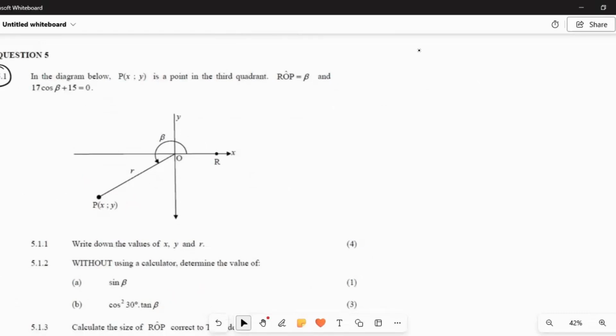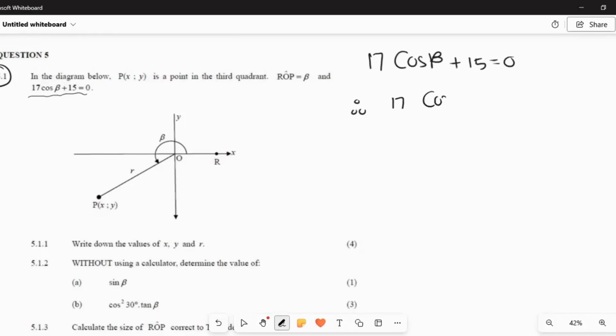ROP is beta, and our equation there is 17 cos beta plus 15 is equal to 0. So now we need to solve that for cos beta. 15 goes onto the other side after the equal sign.